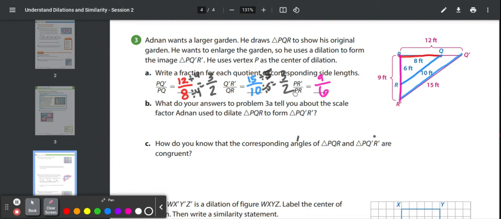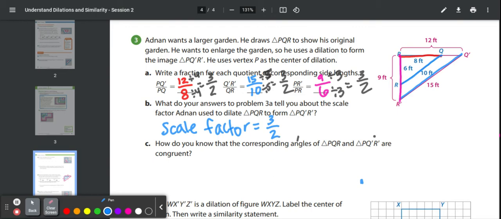Get 3 over 2. And I can divide both of these by 3 and get 3 over 2. So that's good. We got the same thing for every single one. Okay, so what do the answers tell you about the scale factor? It tells us that the scale factor is 3 over 2.